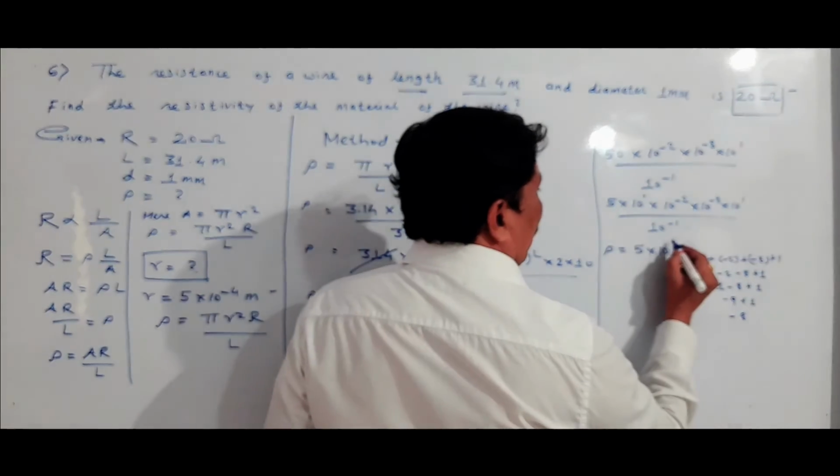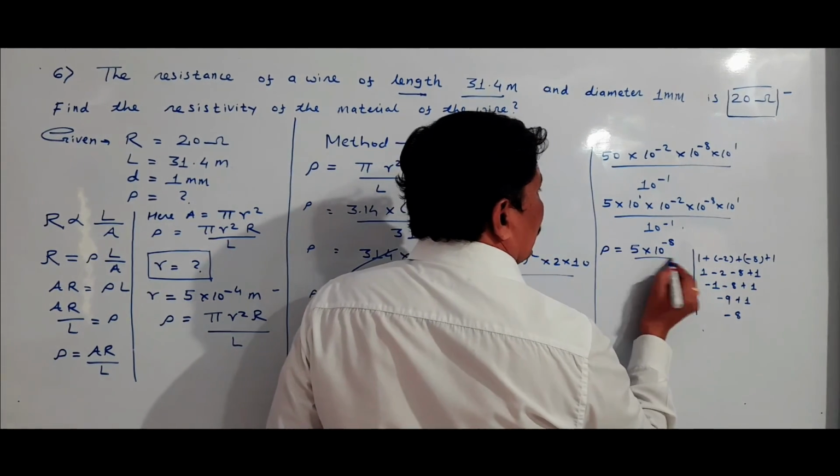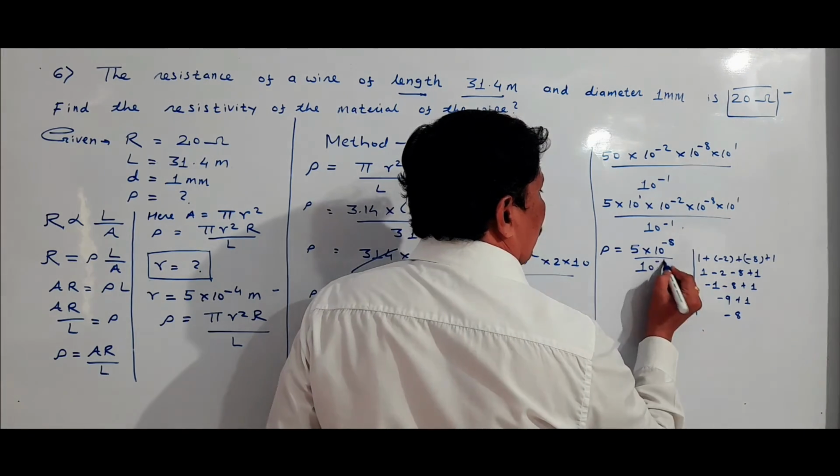So we can write 10 to the power minus 8 upon 10 to the power minus 1.